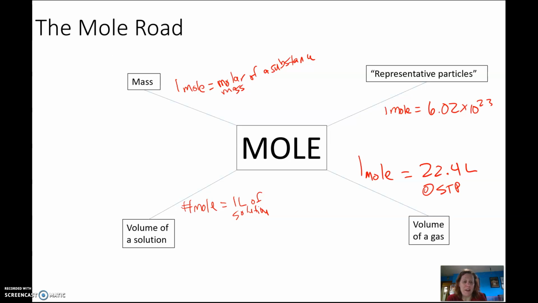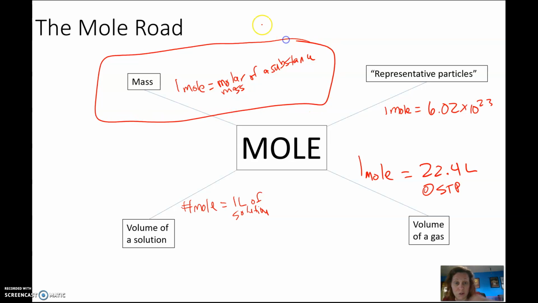So here, these equivalent signs, remember the equal signs? 1 mole is equal to the molar mass of a substance. This step right here, this is the conversion we're going to do today: how to change between mass and mole. And there's our conversion factor.